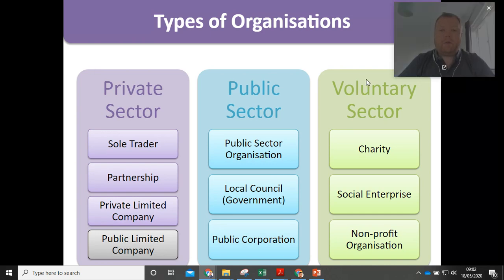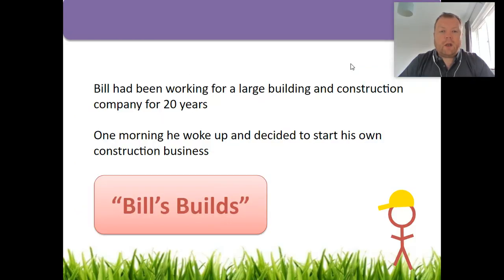So if we move on, I'm going to tell you a little story. And this story starts with Bill. And Bill had been working for a large building and construction company for 20 years. One morning, he woke up and decided that he wanted to start his own construction business called Bill's Builds. And because Bill is on his own, he has started a new business as a sole trader.